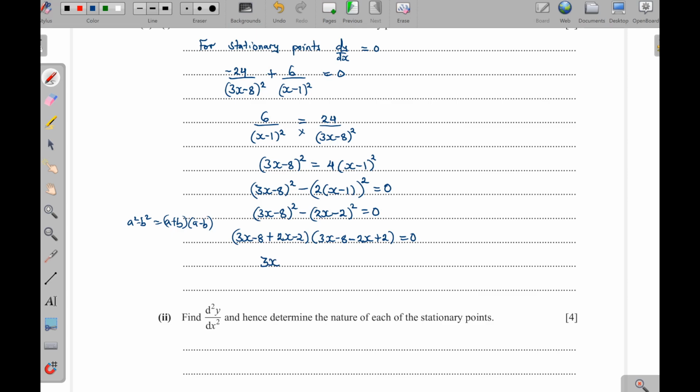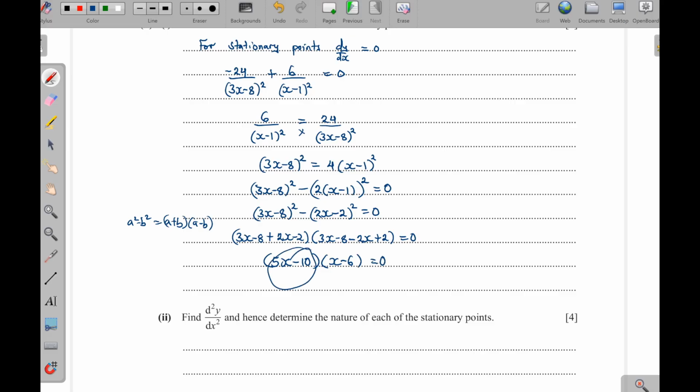So we shall have 5x, because we have 3x plus 2x, that is 5x, and then minus 8 minus 2, and don't we get minus 10? And then in here, 3x minus 2x, we shall get an x, then minus 8 plus 2, that's a minus 6, which is equal to 0.